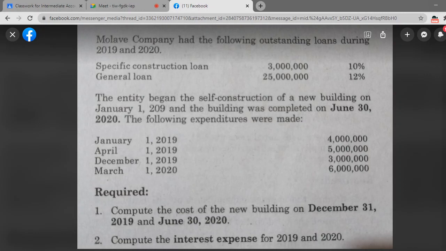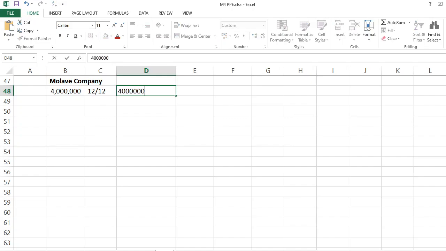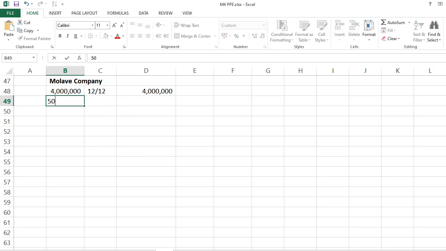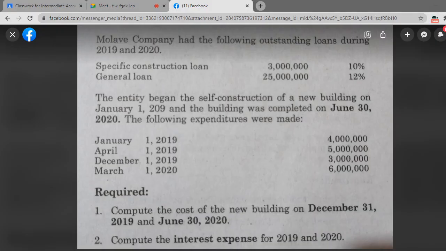So, when we say yearly basis, for this particular problem, unahon nato si 2019. So, January 1, we have 4 million. That's automatic 12 over 12. And then on April 1, we have 5 million. So April, we have 9 months, tama? Next, lastly, ito na yung last for 2019.